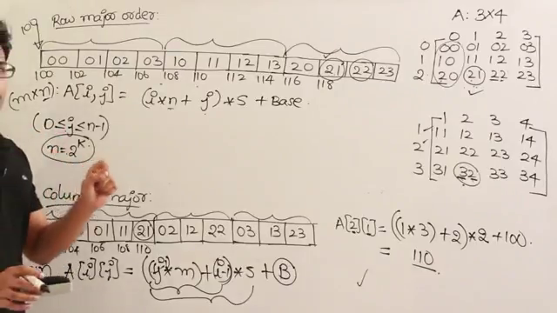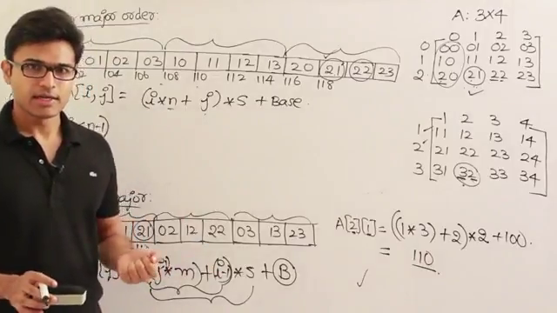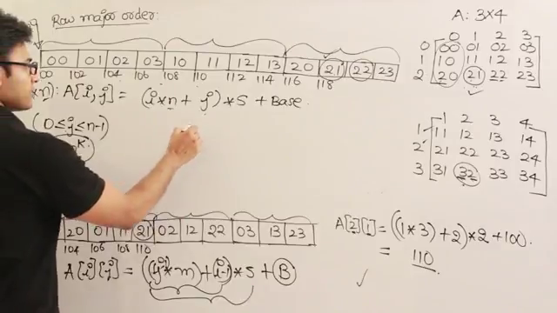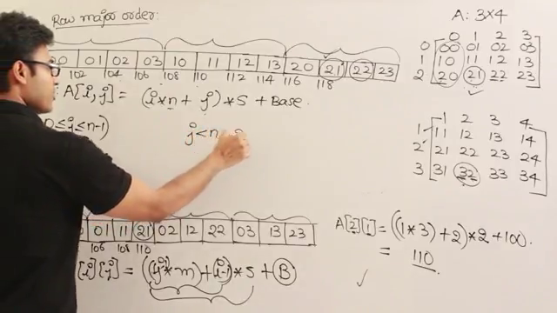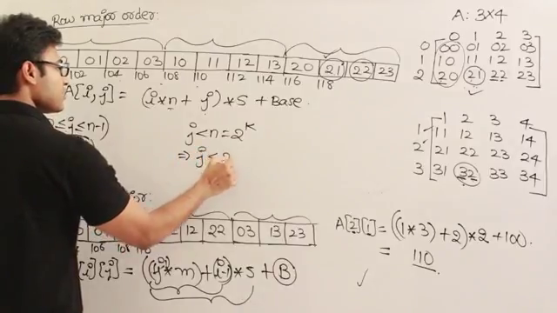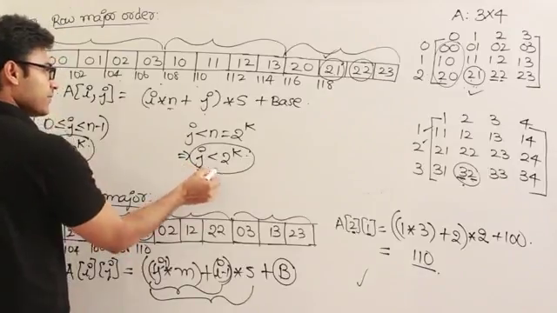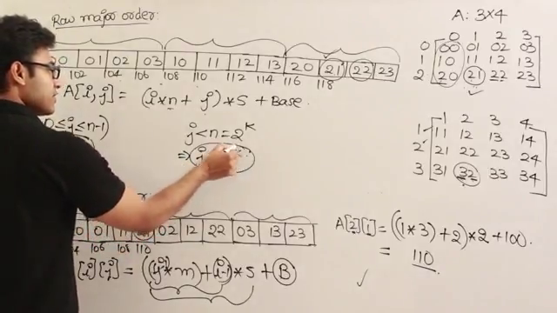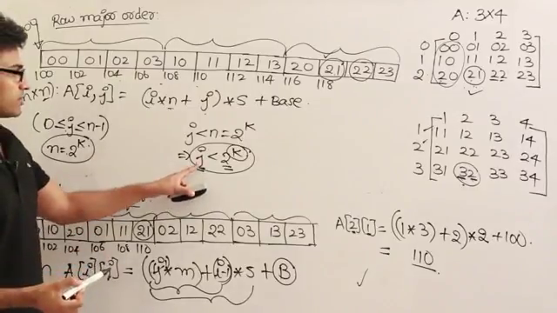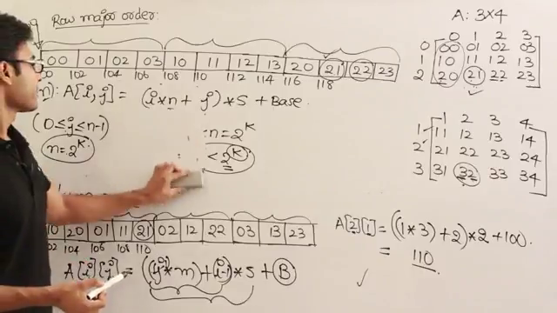The number of bits required to represent j will definitely be less than or equal to k, isn't it? If j is less than n and n equals 2 power k, this implies that j is less than 2 power k. In order to represent j in binary, we need less than or equal to k number of bits. Keep that in mind, okay?